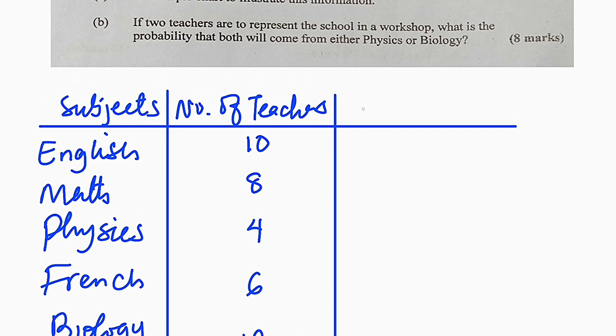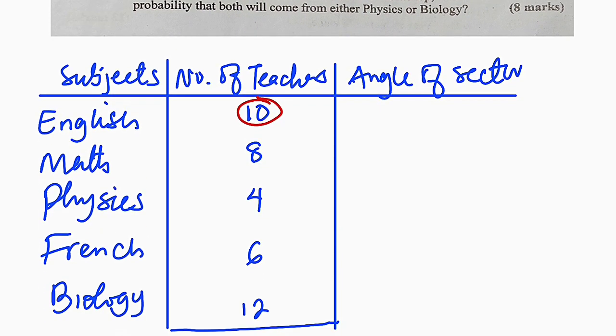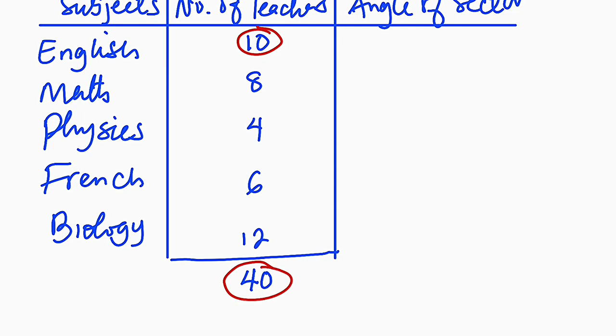Then the last thing, angle of a sector. How can we compute these angles of sectors? The first one here, we are going to take 10 out of 40, then we multiply by 360. Remember that in a circle, the sum of all angles at a point is 360.